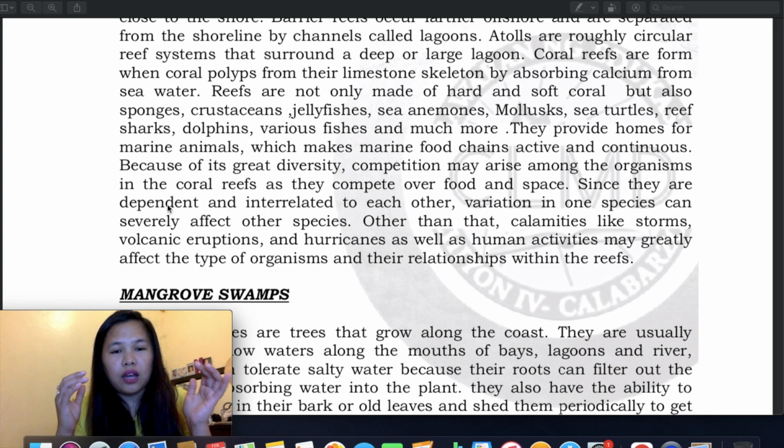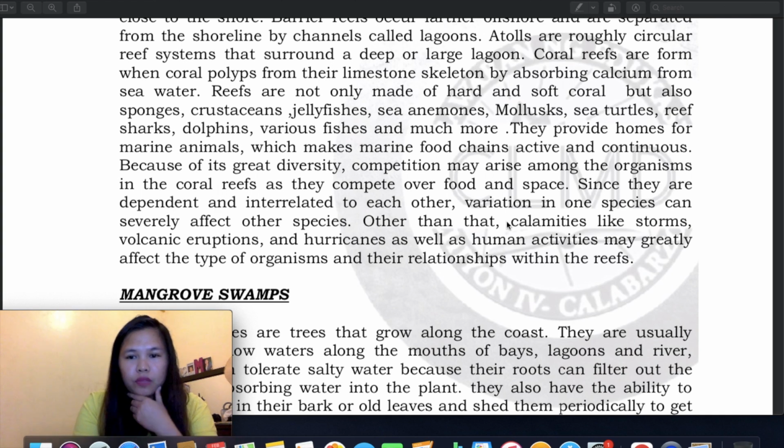ecosystem na yon. So, since they are interdependent and interrelated to each other, variation in one species can severely affect other species. So, other than that, calamities like storm, volcanic eruption, and hurricanes as well as human activities may greatly affect the type of organisms and their relationship within the reefs.